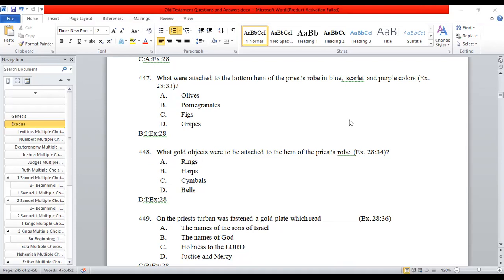Okay, thank you. On the priest's turban was fastened a gold plate, which read, Holiness to the Lord.